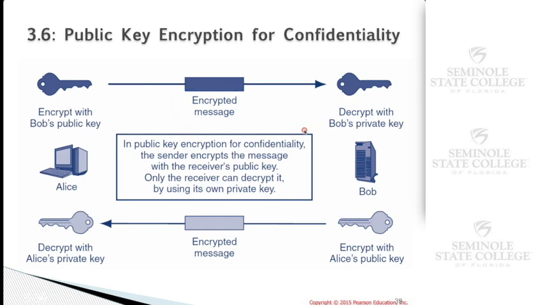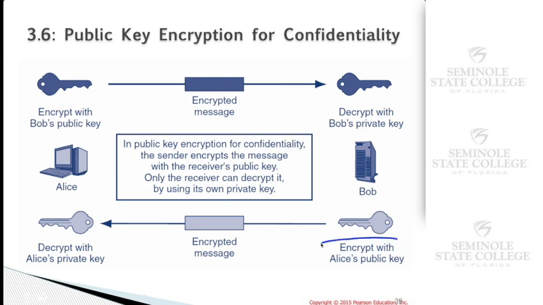But is it satisfying authenticity? That means, can you figure out who sent this message? You can't, right? Anybody that has Bob's public key, which is practically everybody, can create a message that Bob is reading, but it cannot verify if the message really came from Alice. Okay.